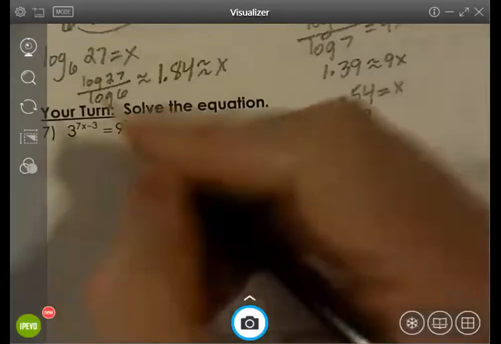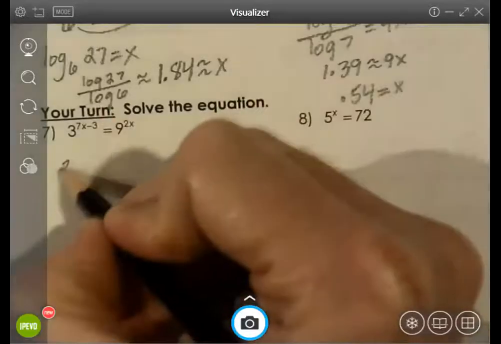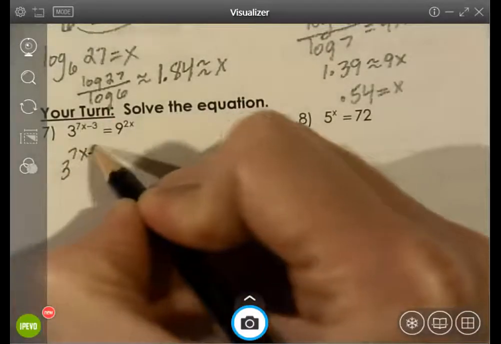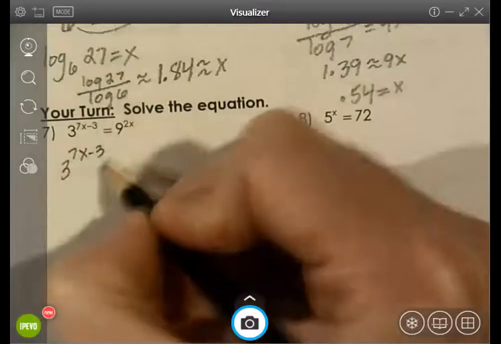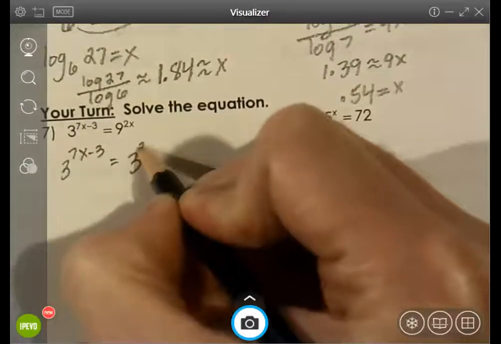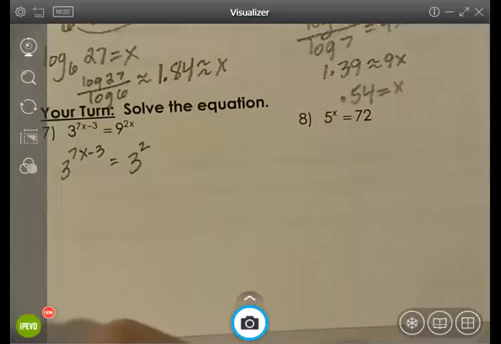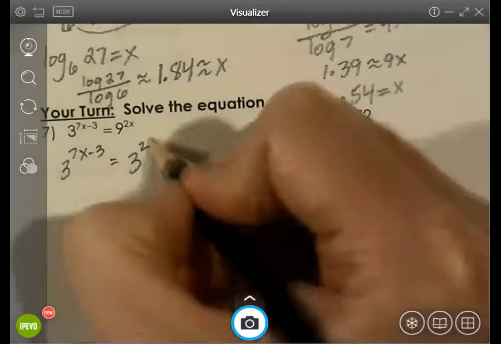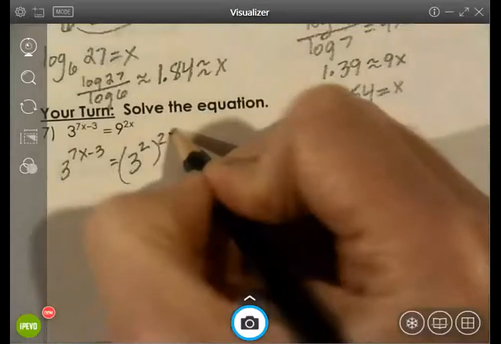Here we do not have the bases the same. There's nothing we need to do to the first base, but the second base is going to be written as 3 squared because 3 squared equals 9. And that 9 is to the 2x power.